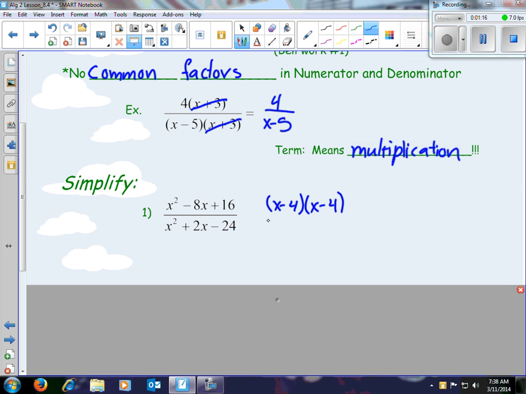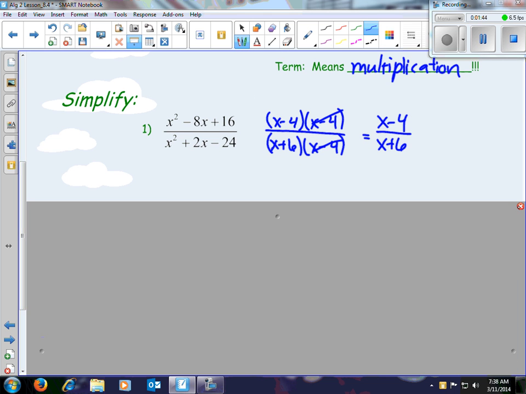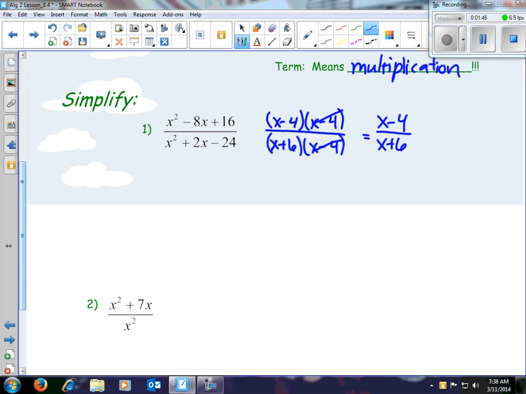And then the next one, I'm going to have two numbers that multiply together to be negative 24 and add together to be 2, so x plus 6 and then x minus 4. Now notice I have a minus 4 on both of them, so I can cross them out. So my answer is going to end up being x minus 4 over x plus 6. So simplifying is all about factoring and then canceling things out.